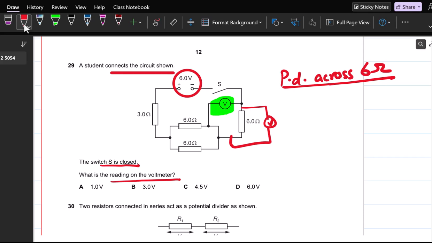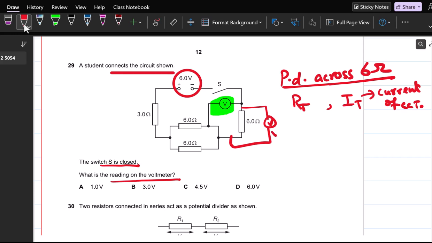So what we have to do, first we have to find the total current, total resistance. After finding this, we have to find total current of the circuit. Then we will be able to find the voltage here on this voltmeter.